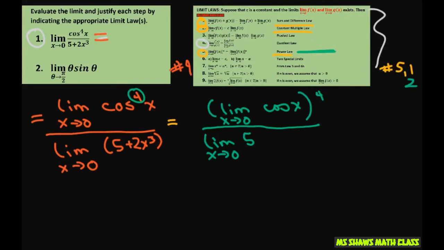That's using our number 1. Now the second part, I'm going to take out this 2, and I'm using my constant multiple law. So take out 2 times the limit as x approaches 0 of x cubed.